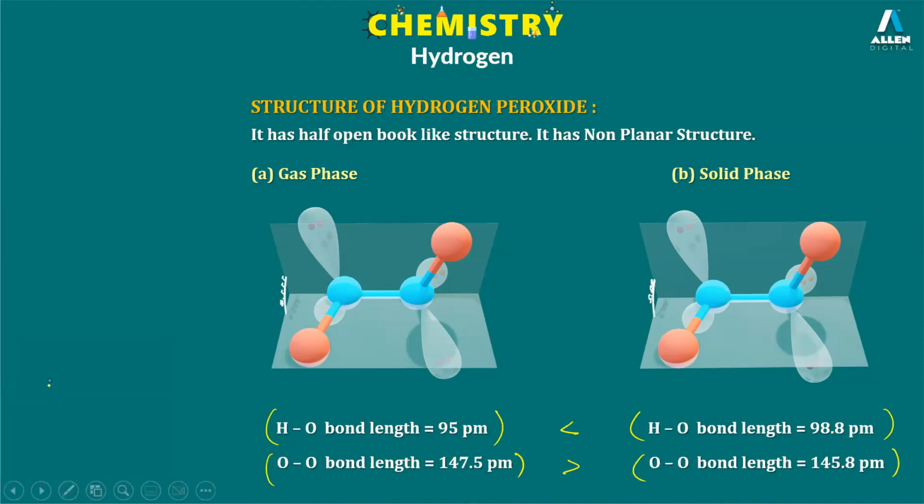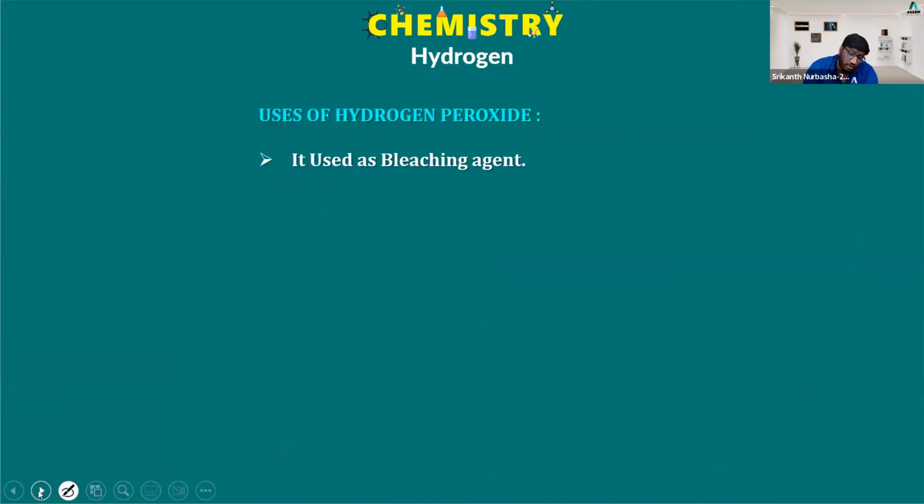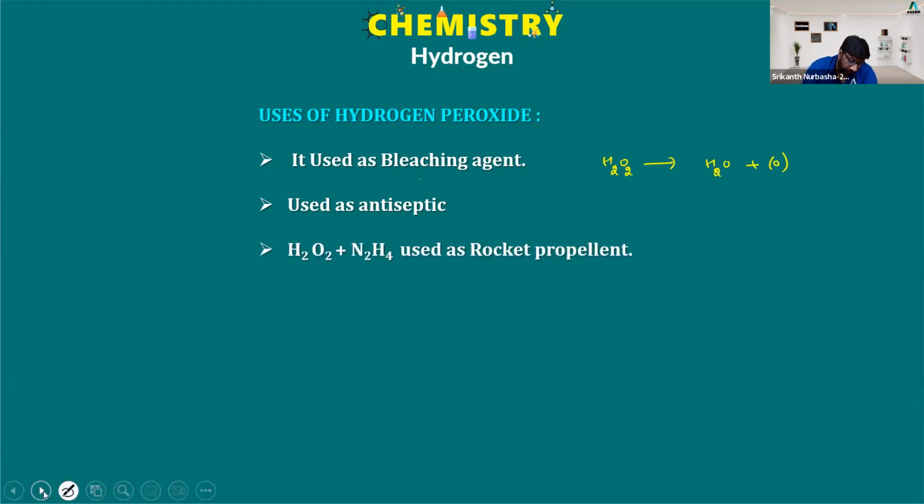Uses of hydrogen peroxide: it is used as a bleaching agent because H2O2 upon decomposition gives H2O plus nascent oxygen. Because of this reaction, this oxygen is going to add to a colored substance and make the substance uncolored. That is why it acts as a bleaching agent and antiseptic.